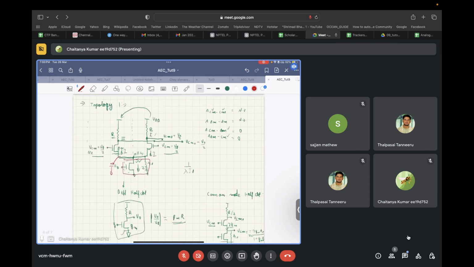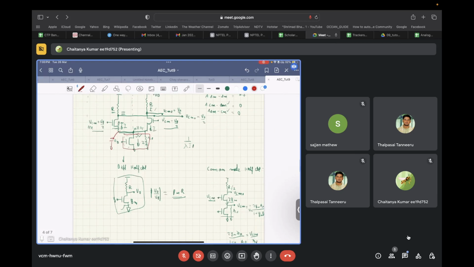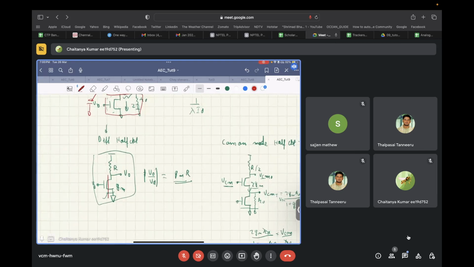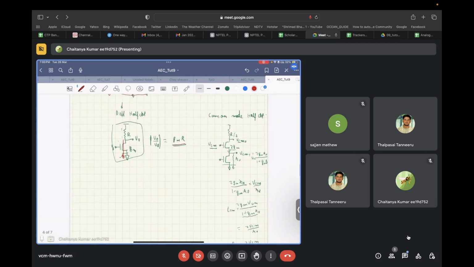So what we can do is re-examine how we came to the GM times R naught equation of the common mode rejection ratio. What we saw was that in the differential half circuit, some current was being pulled by the lower part of the circuit that was getting multiplied by the load resistance R, resulting in GM times R. The same thing was happening for the common mode half circuit.